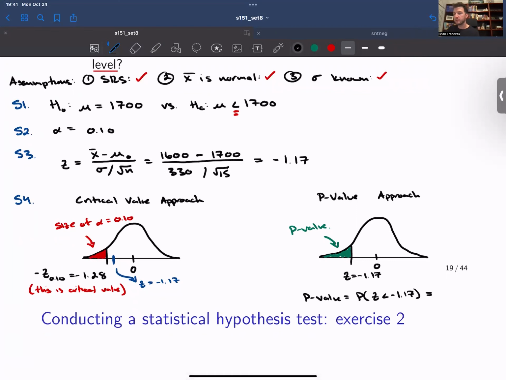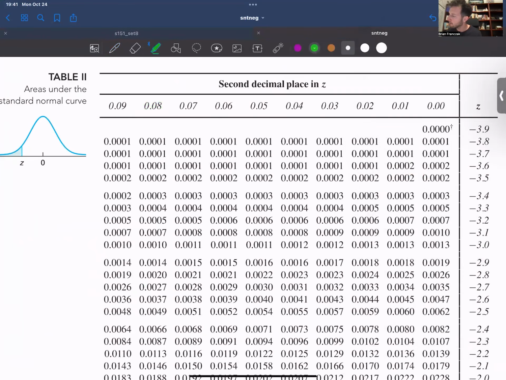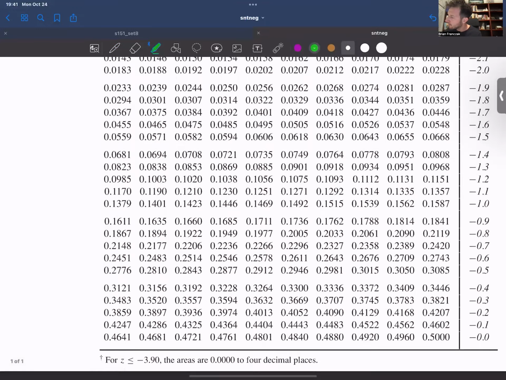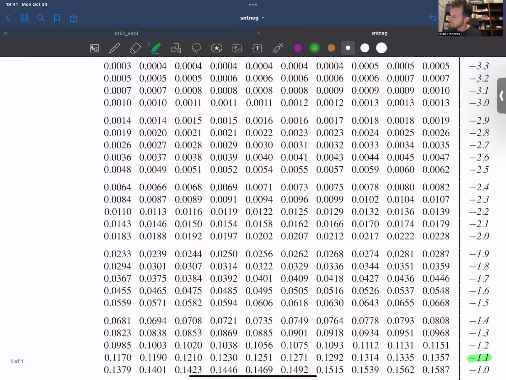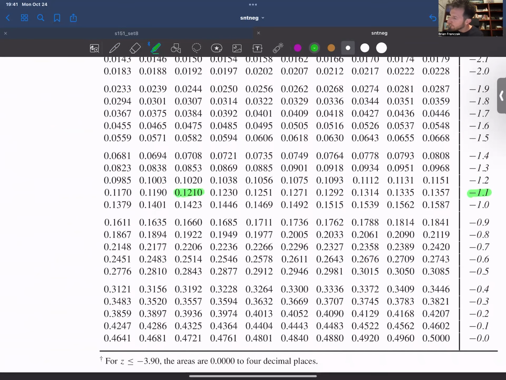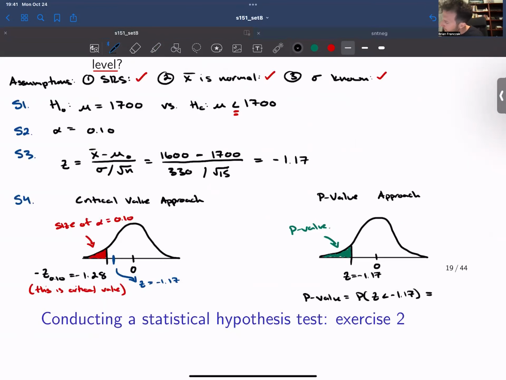I want the probability that Z is less than negative 1.17, so I go back to my standard normal table and look up negative 1.17. I match those values together and I have 0.1210. So my p-value for this test is 0.1210.